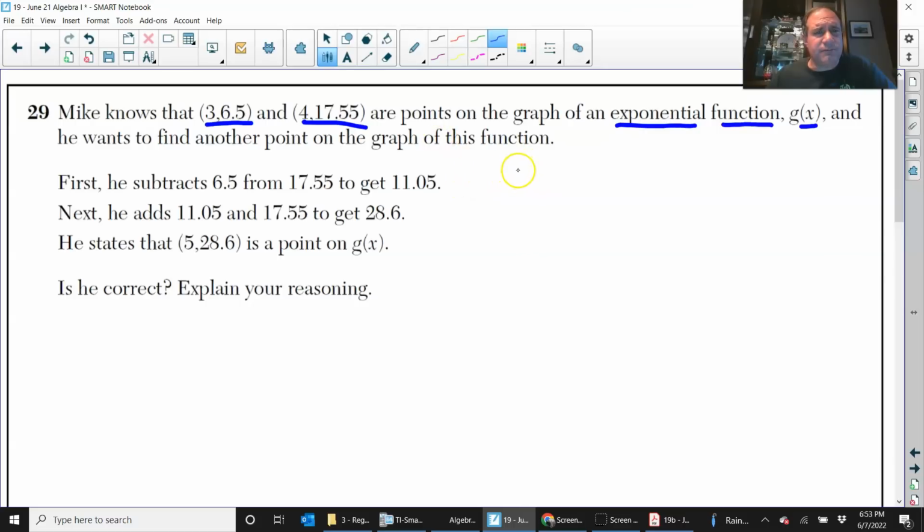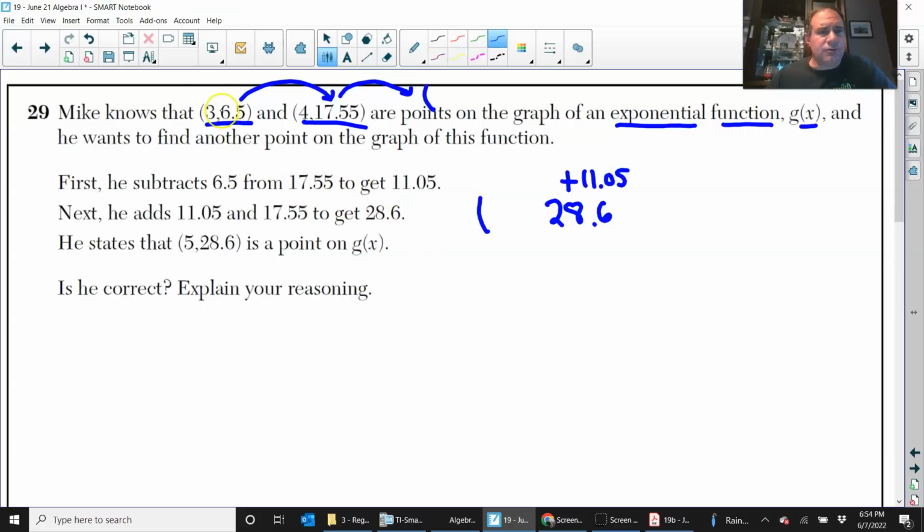So he's trying to find the increase here, right? And then he adds to get to another point here. So he's adding and he gets 28.6. So the y he's figuring out is 28.6, and he's adding the 11.05 to get there.